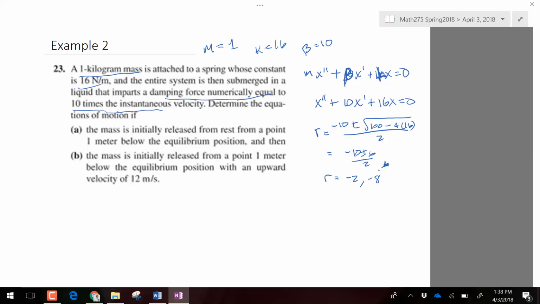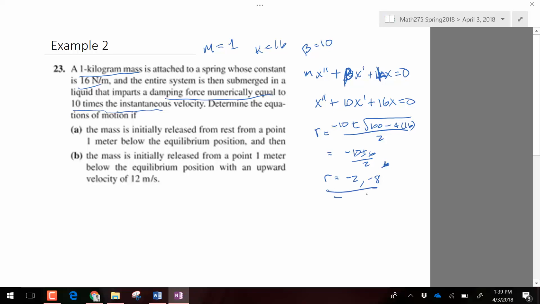I added it first, so negative 10 plus 6 is negative 4, and then negative 4 divided by 2. So I got these two. Does that look right?